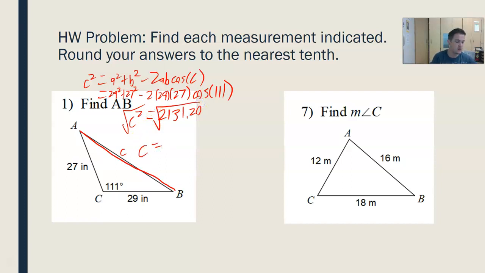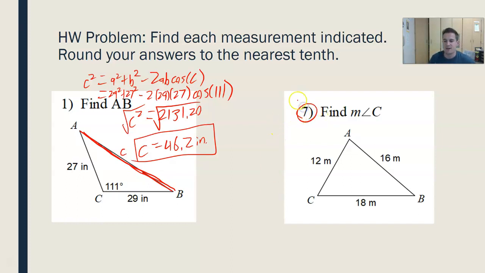And when I square root both sides, I get 46.16. And this, to the nearest tenth, is 46.2 inches. That's the length of this side right here, 46.2 inches. Okay, so that's number 1.